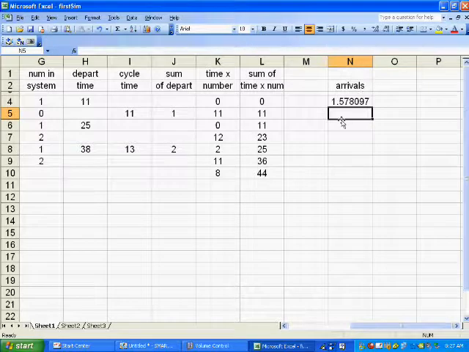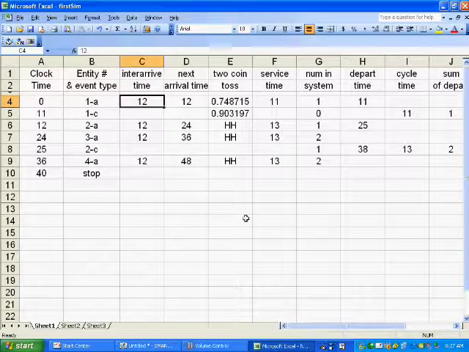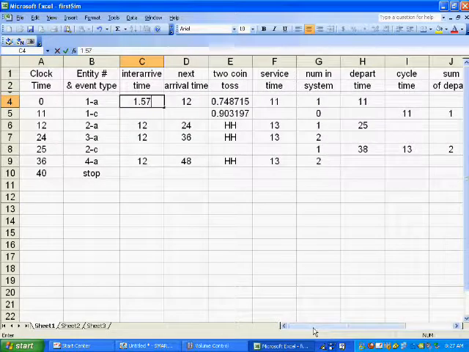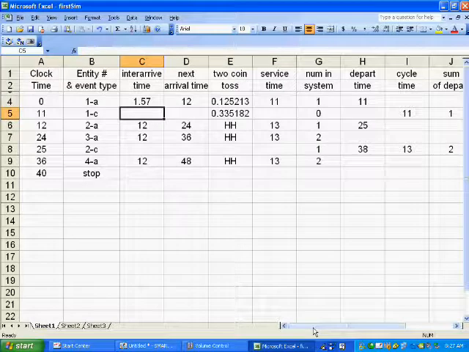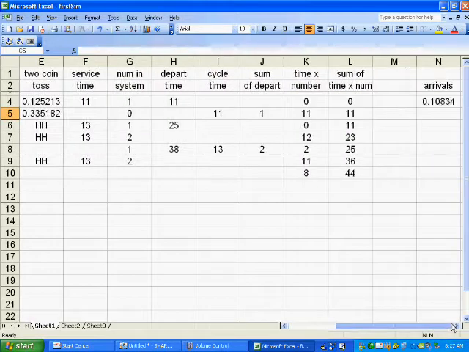Go ahead and generate it, and then take this number. 2 decimals is fine. So then over here, inter-arrival time, except you have to have a better memory than mine. I've already forgotten. 1.57. There, now it's not going to change. That would be a good way to do it. Otherwise, your spreadsheet's going to be pretty volatile. And then the same thing for services.